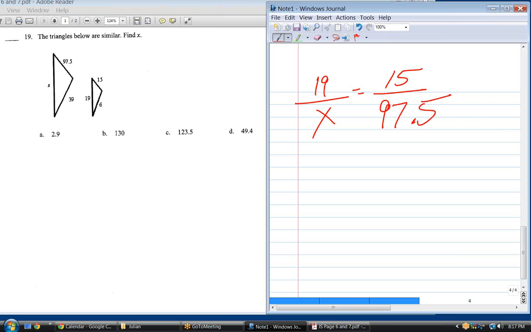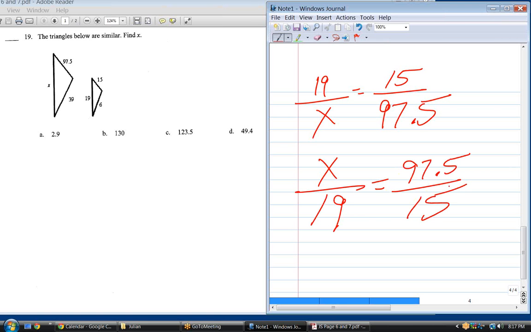And then I'm going to have to divide both sides by 15. So maybe it would have been better to go big to little. x equals 97.5 divided by 15. Notice you can go either way.